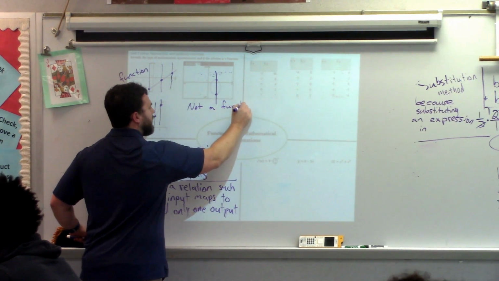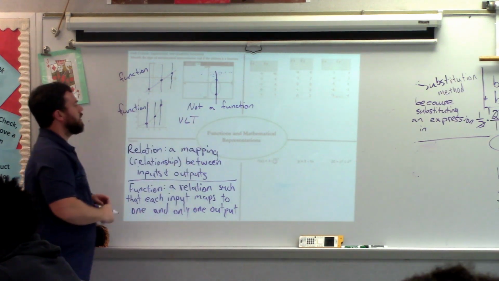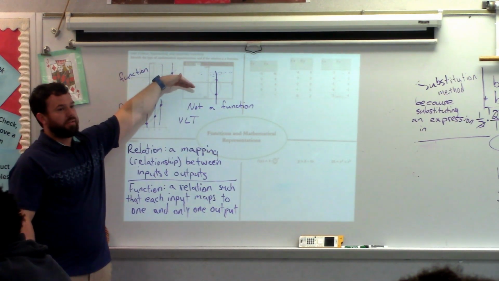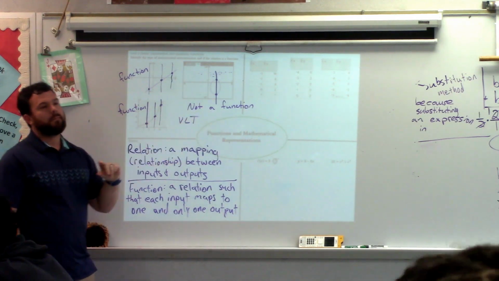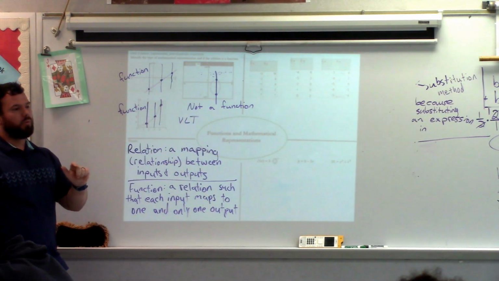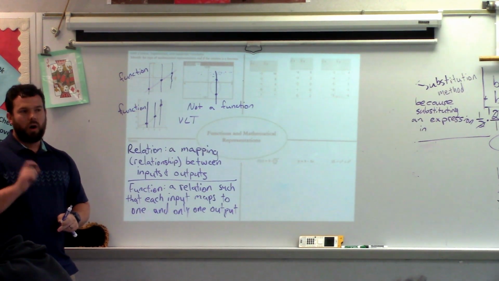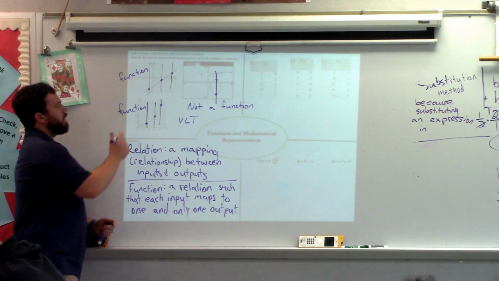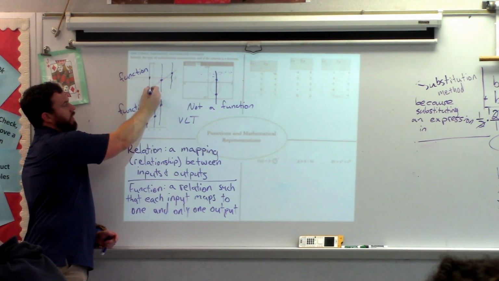So the vertical line test, VLT: if the vertical line hits more than one point, it is not a function. However, what I want to emphasize is why the vertical line test works. DeJuan. A vertical line is associated with an input.